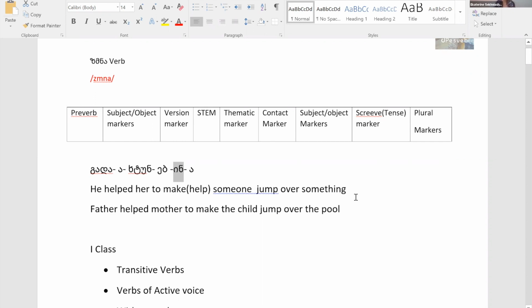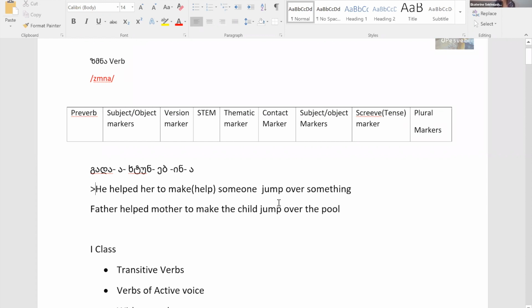For example, I've chosen one of the verbs which is considered to be difficult because, look at it, it is only one verb in Georgian. If we try to translate it in English, we get quite a long sentence. This is the translation of just one Georgian word.